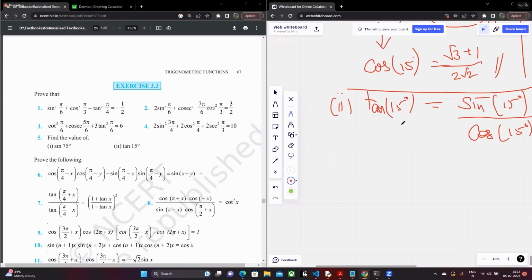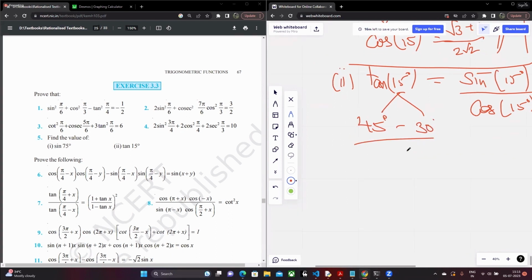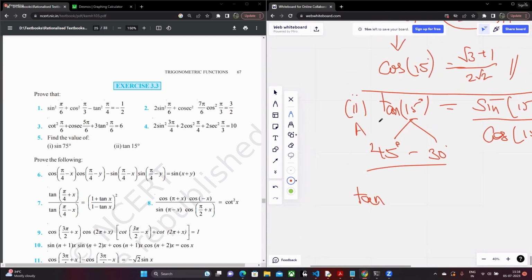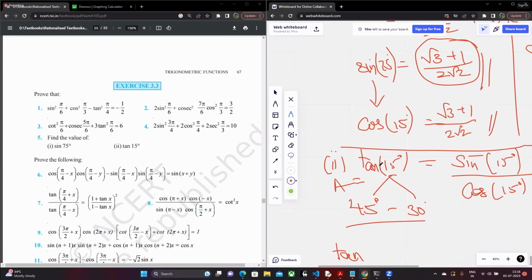Right? So for 15 degrees, again, what you do is you take this to be 45 degrees minus 30 degrees. Right? Standard angles, both of them. And you have a subtraction over here to get 15 degrees. Right? And so you can do, if this is going to be A again, right?